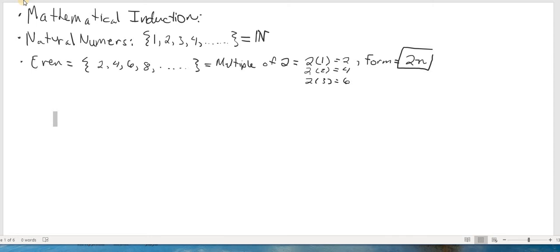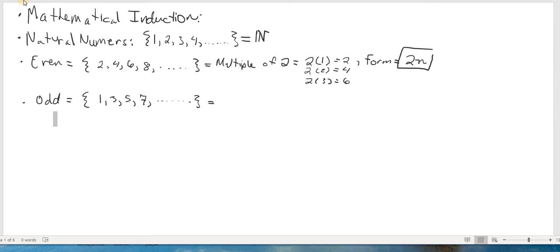Alright, so now let's do the same thing with odds. So it's 1, 3, 5, 7. You get the idea. How do we describe odd numbers?